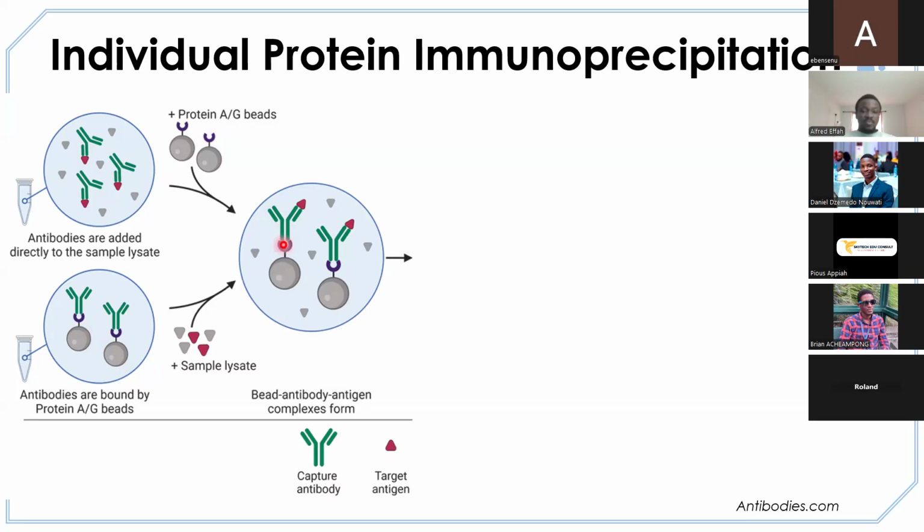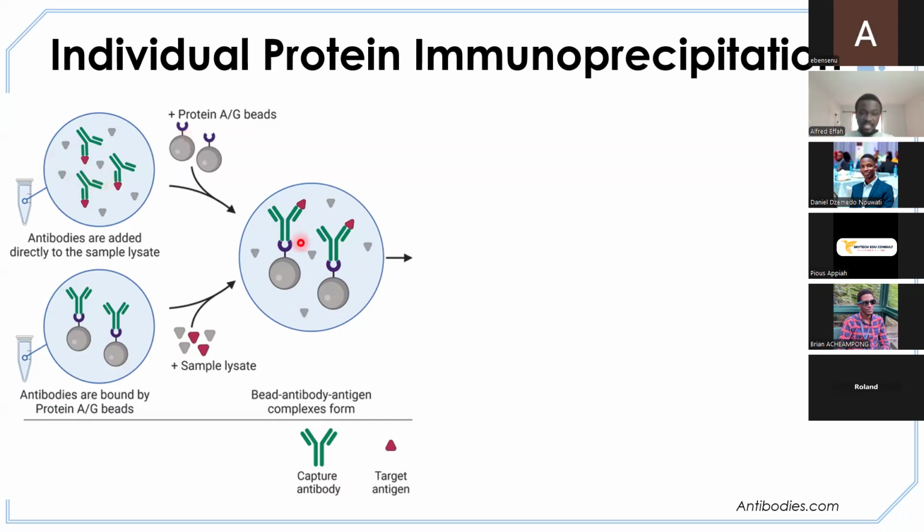What we aim to get in the end is this complex. That is our antibody, which is bound to protein A, and then we have a bead here, so that when we wash, we don't lose our antibody and then the protein. The first portion was to incubate your antibody directly with the cell lysate. It binds to the protein of interest.